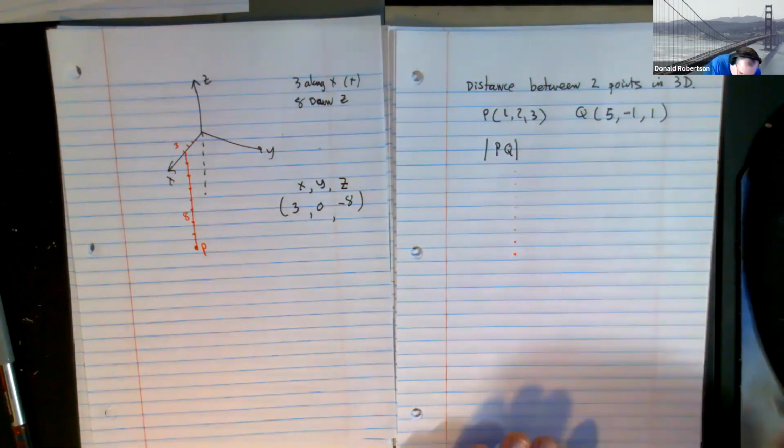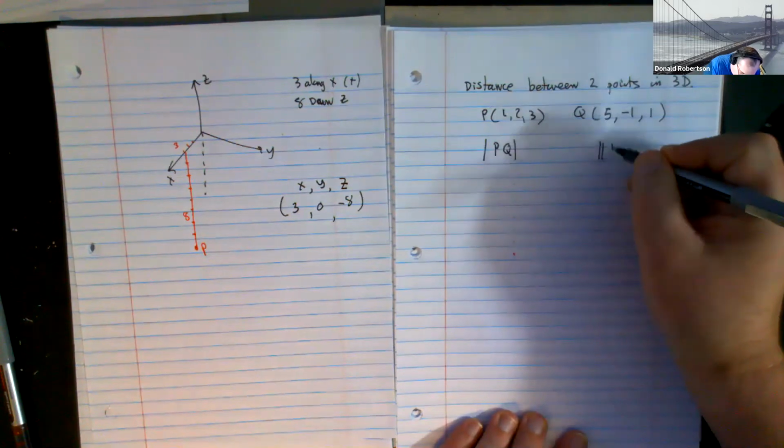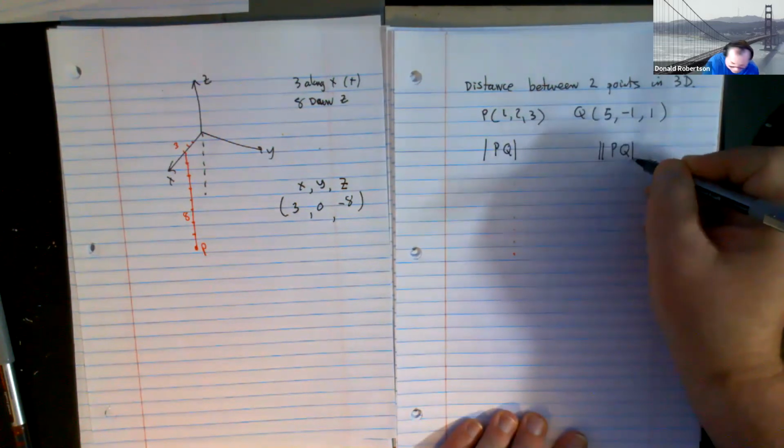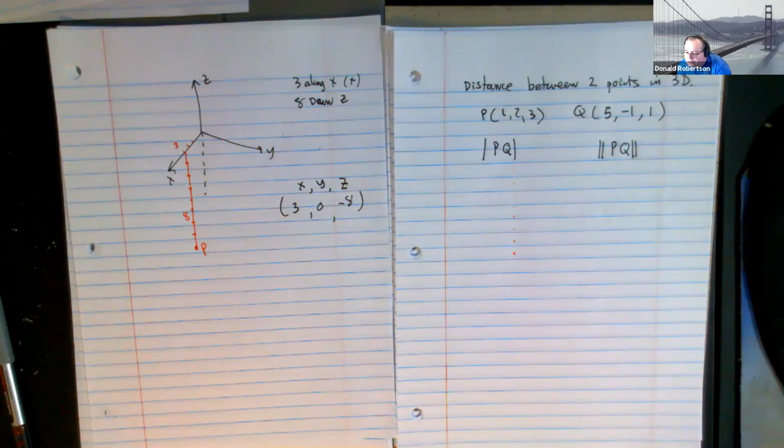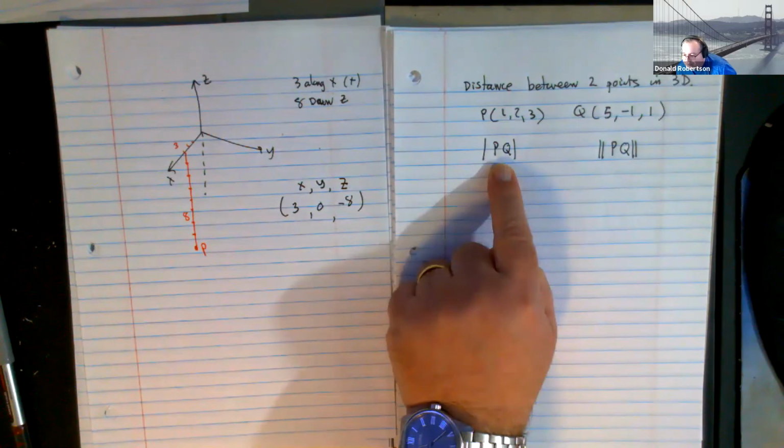You will also see in other textbooks written that way. It's the same thing, it's just a different notation. Have you seen either of these two in any of your science classes? No one recognizes either. Okay.